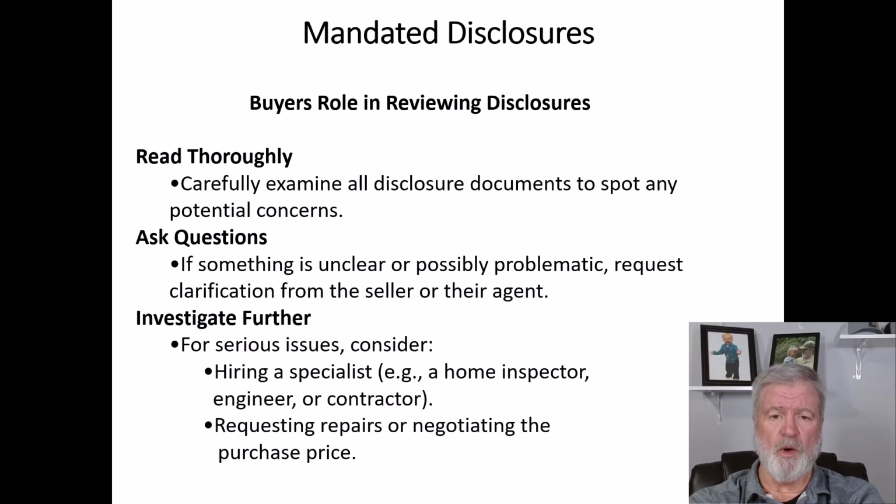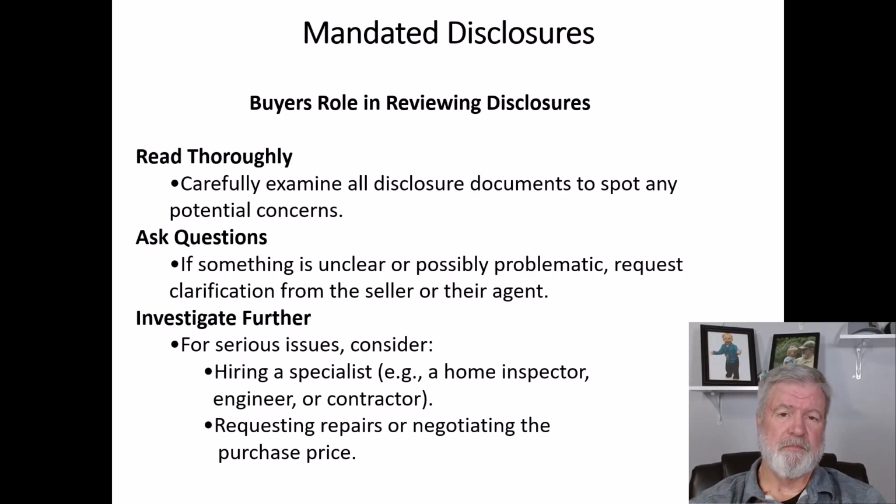So buyer, you've got some obligations here as well. One, you want to review all the information that's provided by the seller. And by the way, contracts even state, buyer, you must review documents, home inspections, surveys, appraisals, or whatever.